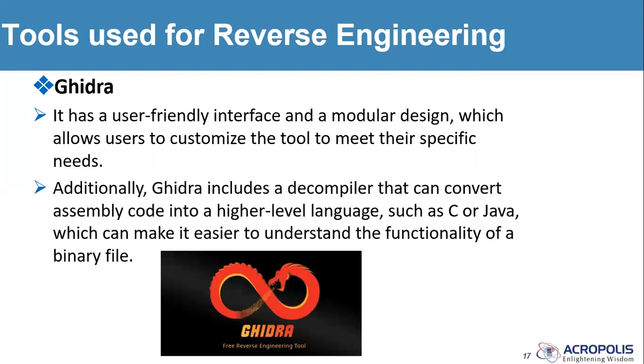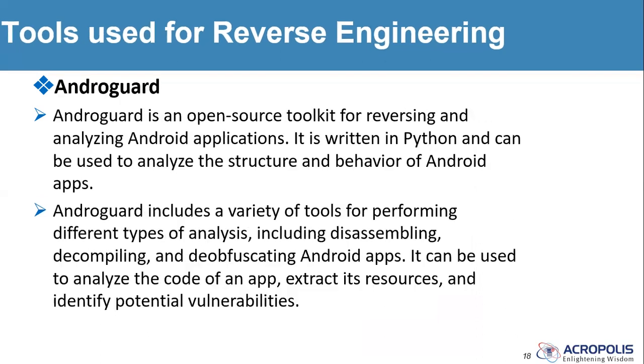It has a user-friendly interface and modular design, which allows users to customize the tool to meet their specific needs. Additionally, Ghidra includes a decompiler that can convert assembly code into a high-level language such as C or Java, which can make it easier to understand the functionality of binary code.